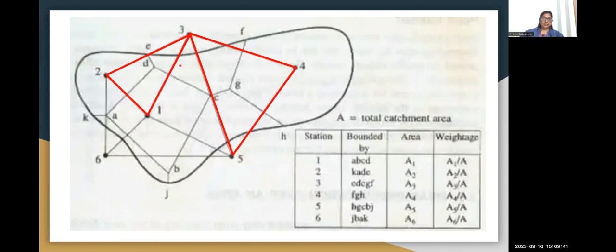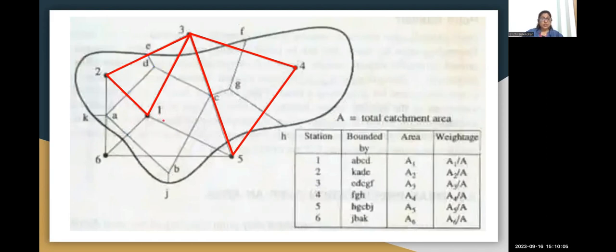Now, after the triangles are created, the perpendicular bisectors of the sides of these triangles are created. Once the perpendicular bisectors are created for all of these triangles, a polygon like this will be obtained by joining all of the perpendicular bisectors. This polygon is what you call a Thiessen's polygon.